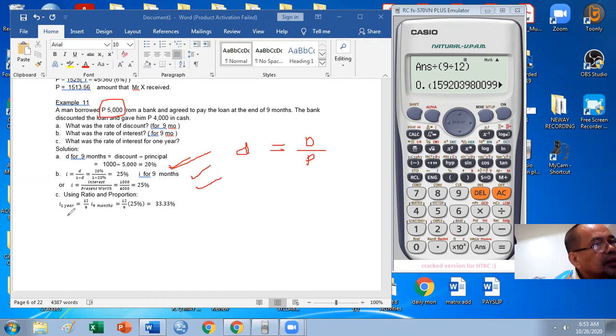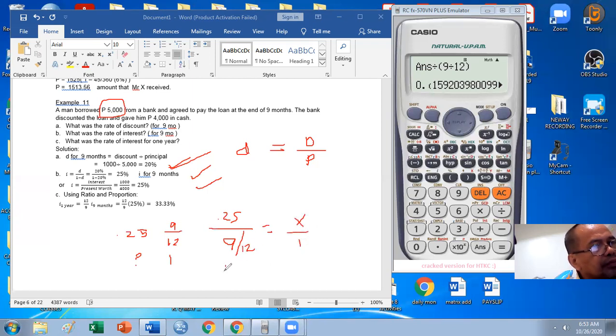So, using ratio and proportion, remember, for 9 months the interest is 0.25. That is 9 over 12. So, what will be the interest for 1 year? This is just ratio and proportion: 0.25 over 9/12 is equal to x over 1.